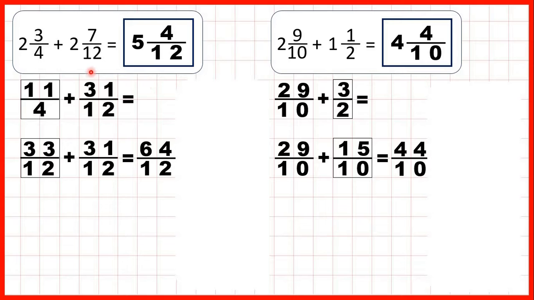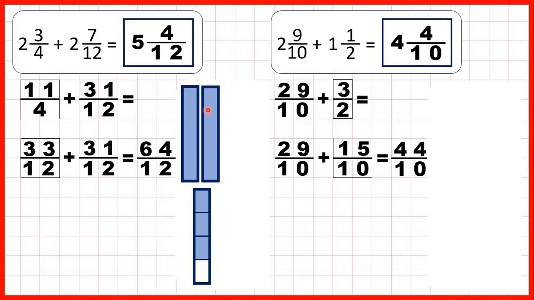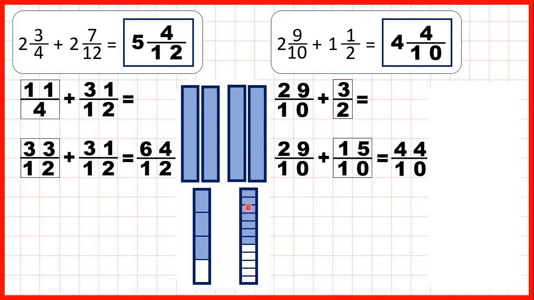So let's have a look at what we did here. For this first question, we had 2 and 3 quarters, and we were adding 2 and 7 twelfths. We changed 2 and 3 quarters into 11 quarters, and we changed 2 and 7 twelfths into 31 twelfths.